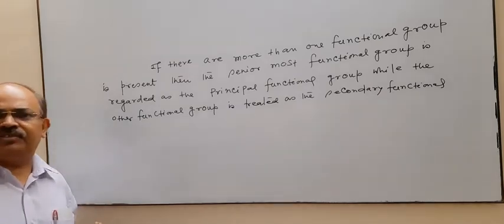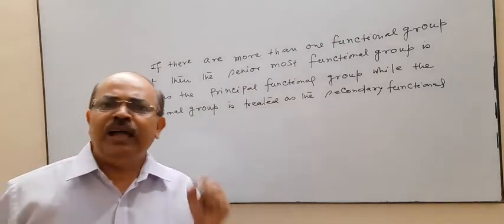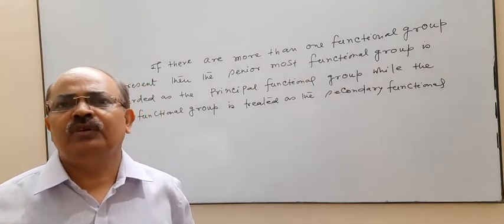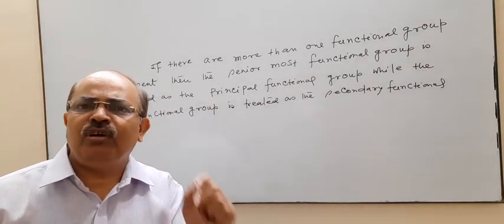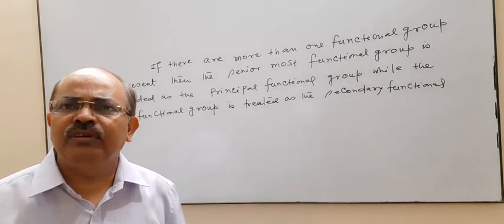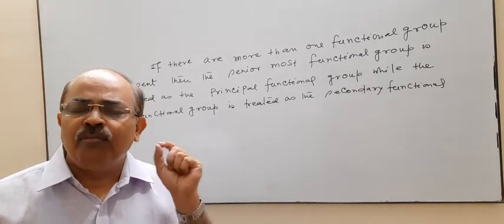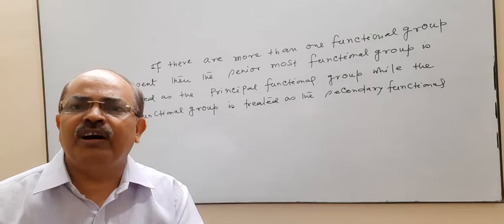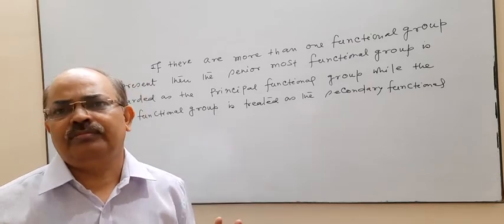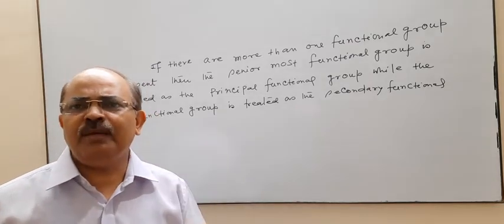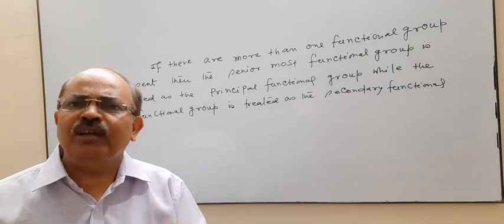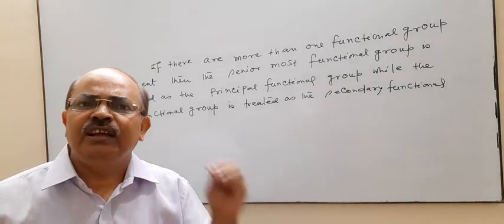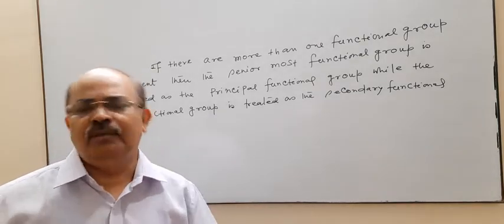In this video lecture, I am going to discuss the nomenclature of organic compounds containing more than one functional group. So what happens if more than one functional group is present in the organic compound?